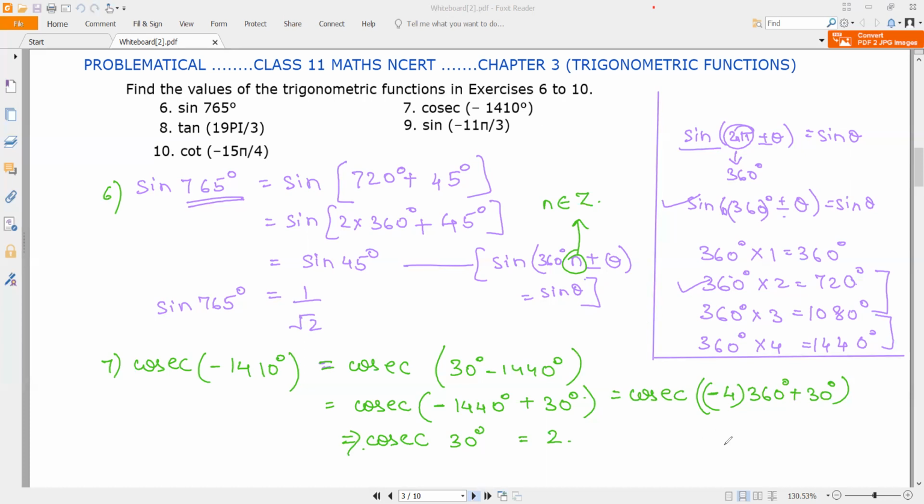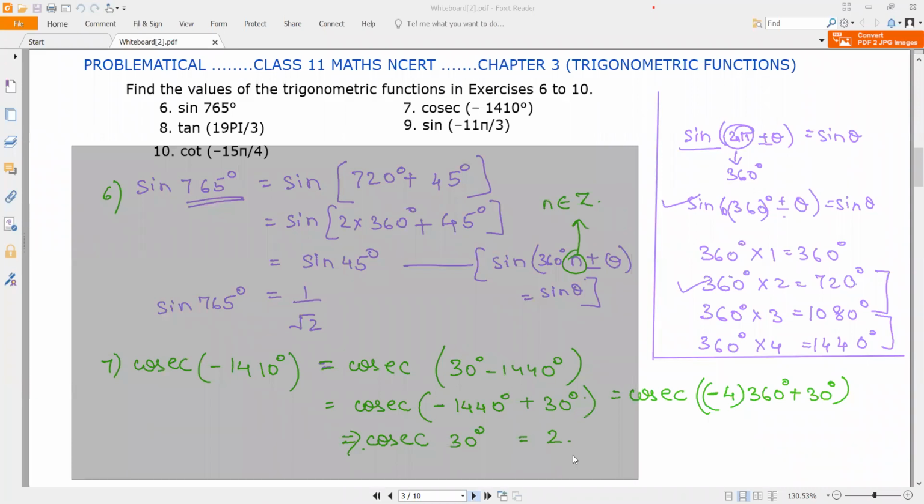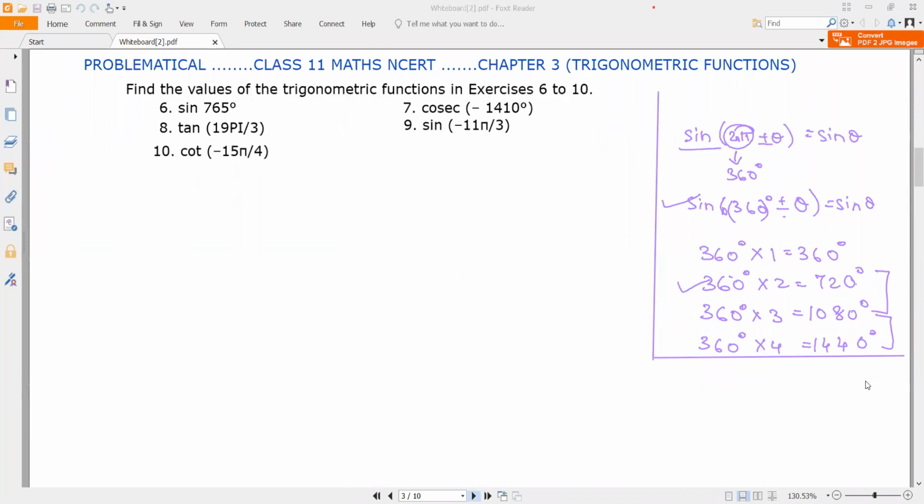Next, the angle is given in terms of radians. Tan of 19 pi upon 3. So all you have to do over here is convert this into a multiple of 2 pi.